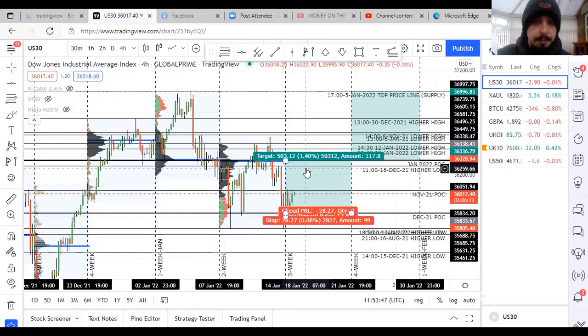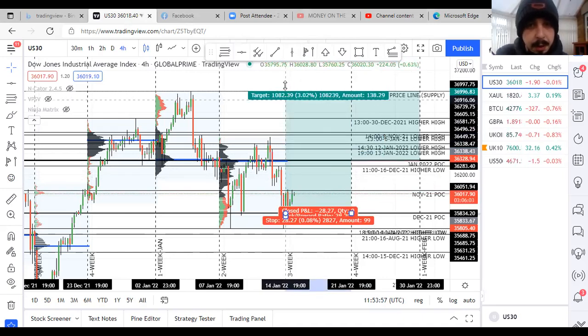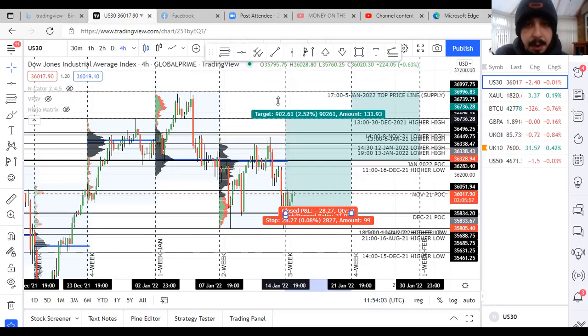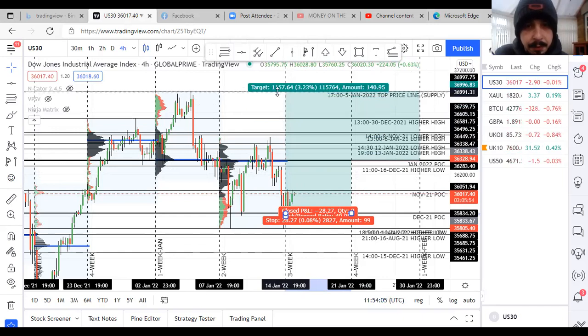If it comes up, move your stop loss below the higher low and just keep laddering your way up. If it goes to the top price line or anywhere in between, 1 to 30, 1 to 40, nearly a 50% turnaround on your money.